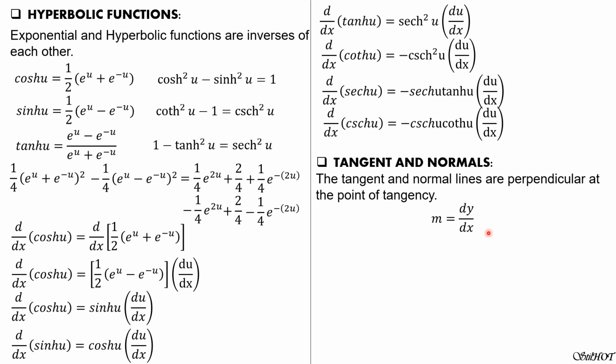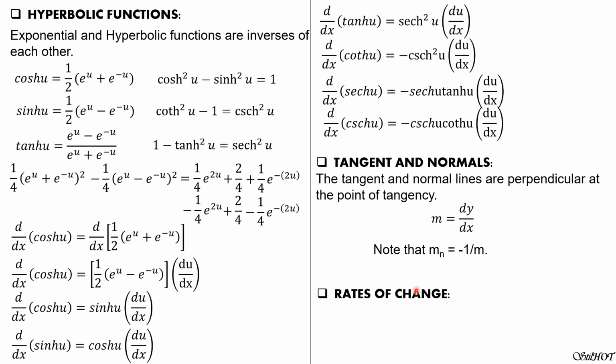For perpendicular lines, the product of the slopes is -1. So the slope of the normal line is the negative reciprocal of the slope of the tangent line, that is, -1 over m.